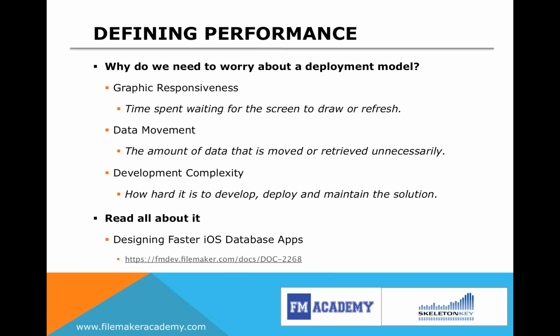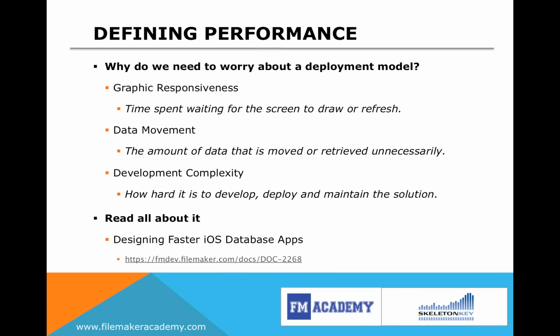And that can be helped or mitigated somewhat by choosing a deployment model that takes advantage of what you need to do for data movement or helps you overcome an obstacle in how your data moves.